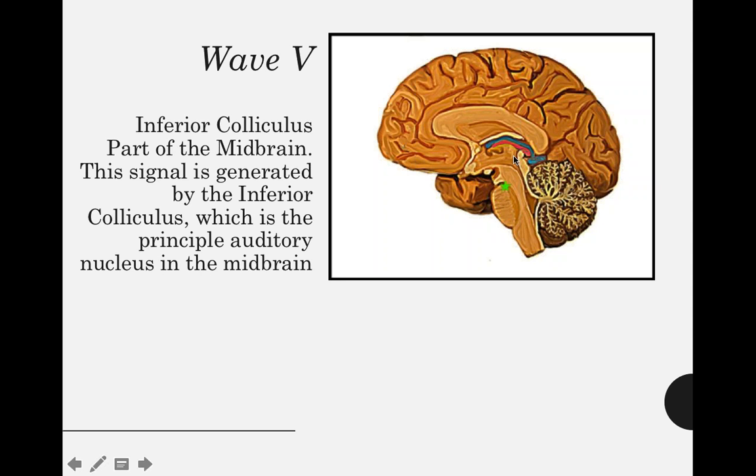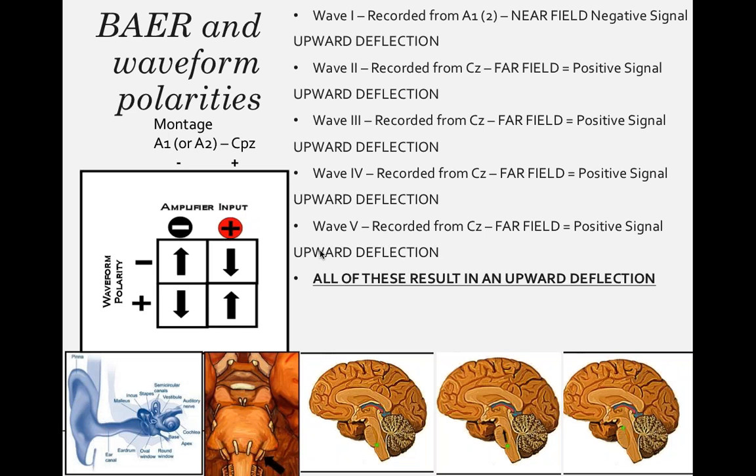From here, the signals travel all the way up into the temporal lobe, where the sound is processed by the brain. But wave 5 is really the last obligate peak that we have. Even though there are waves and signals that can be seen beyond wave 5, if you were to extend your recording time, wave 5 is kind of where we stop looking for BAERs.